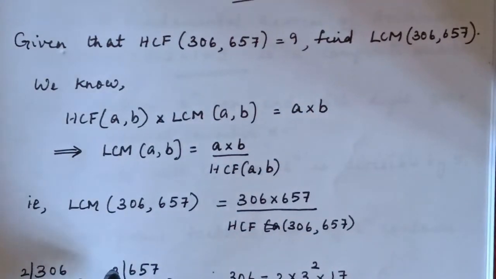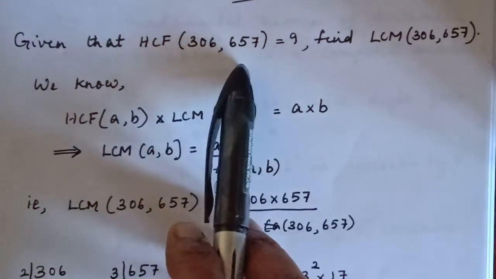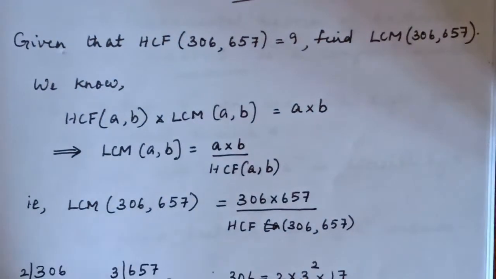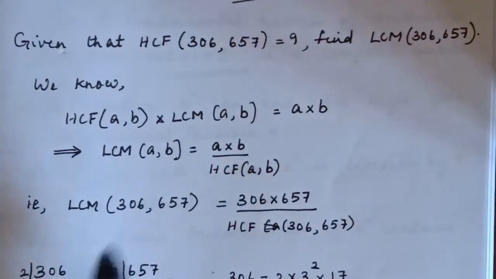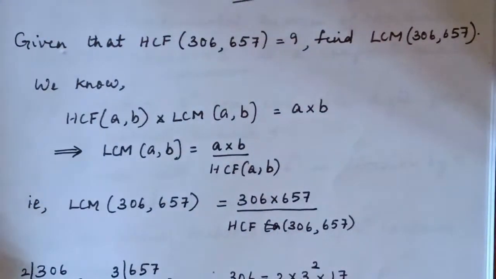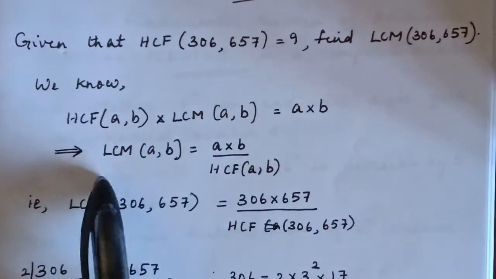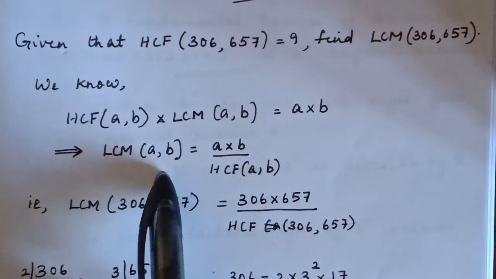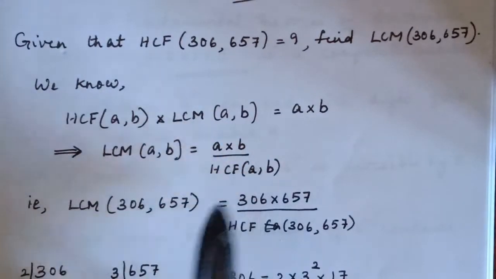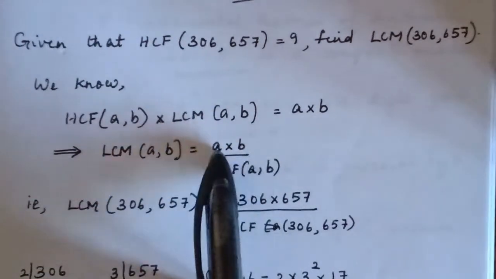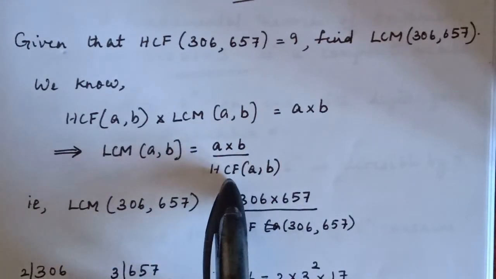Now in this question, two numbers are given, 306 and 657. HCF is also given, that is 9. We have to find out the LCM. So from this formula we can find LCM of A and B is equal to A into B divided by HCF of A and B. That is, the product of two numbers divided by their HCF.